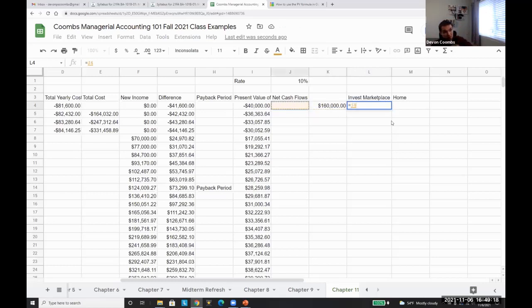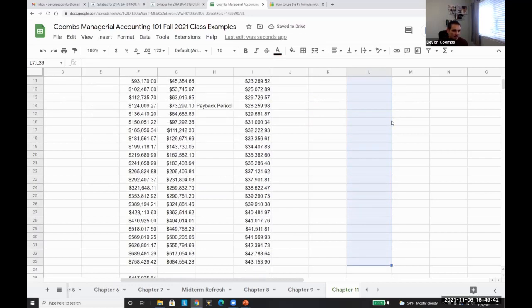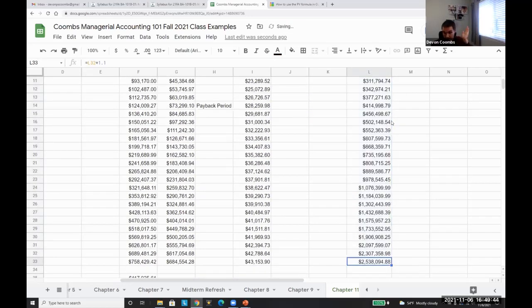It's always going to be worth this $160,000 if we're discounting at 10%. This is going to go up by 1.1 times every year, and by the end of 30 years, it'll be worth $2,500,000.